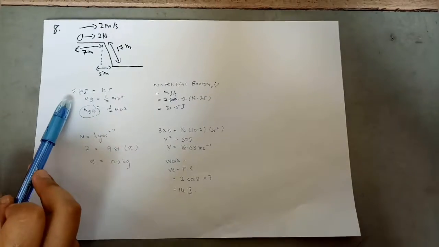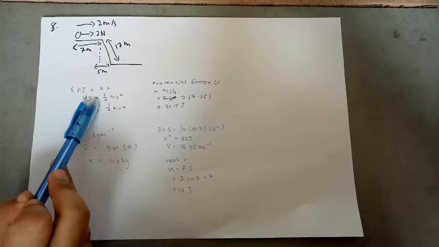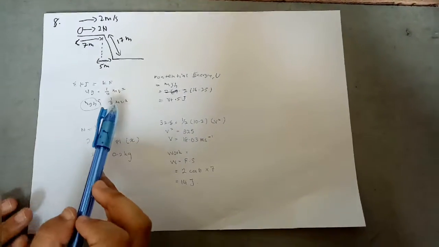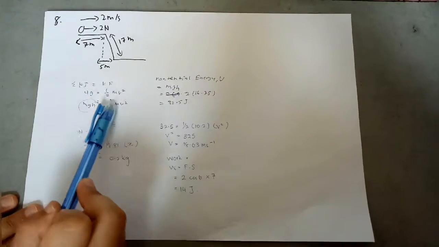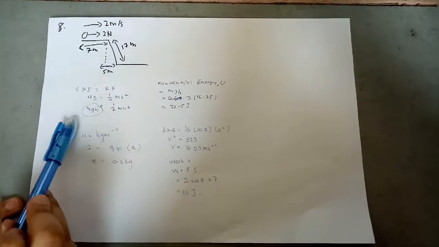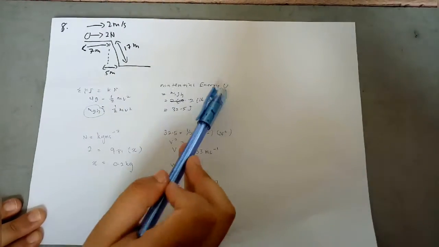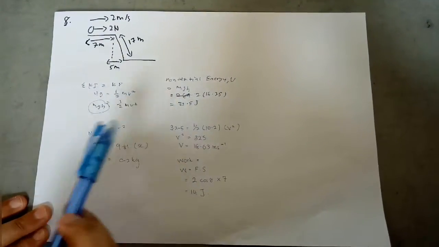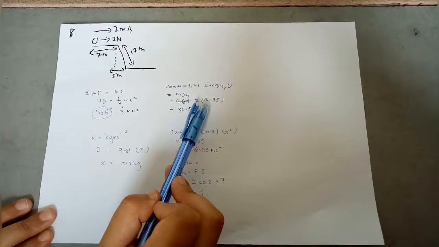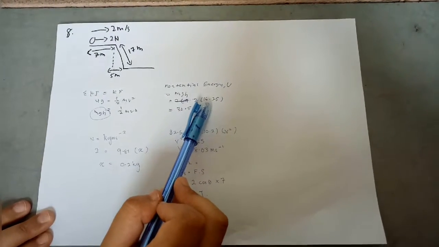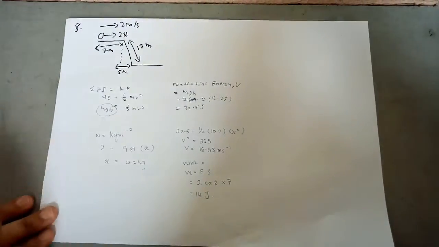Kinetic initial equals kinetic final, which is kinetic initial is mu g equals kinetic final is 1/2 mv squared. So we need to find potential energy, which is mgh. So mass is 2, plus 2 times 16.25.